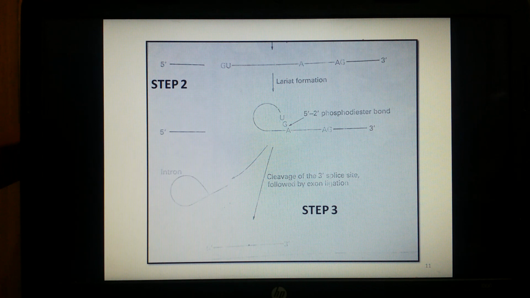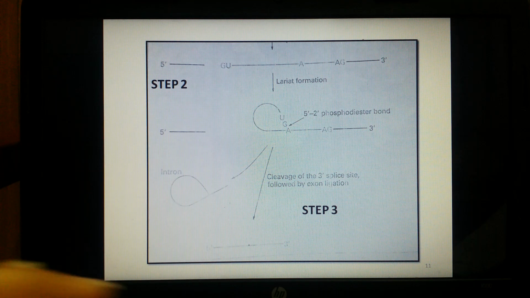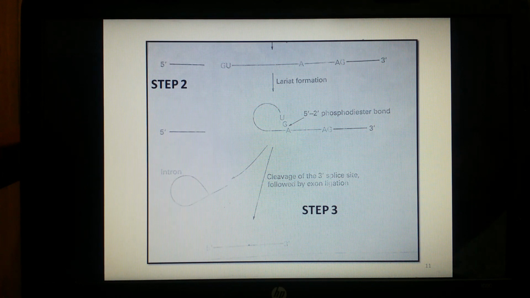The third step of intron splicing is that the 3' splice site is cleaved and the two exons are joined. Here you can see the cleavage of the 3' splice site takes place, and the exon ligation takes place.